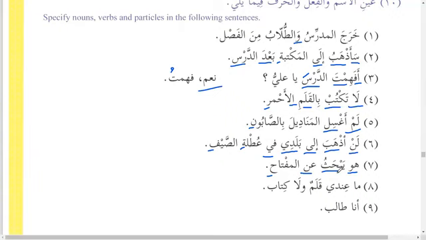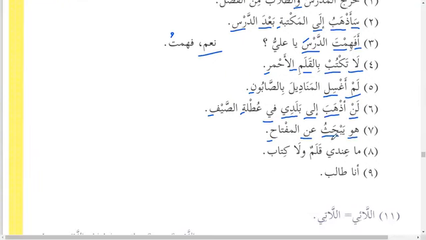Okay, so what's the meaning? He's searching for his keys. Searching for the key. It's only one key, isn't it? For the key. Okay. Sarah, I didn't understand this one.